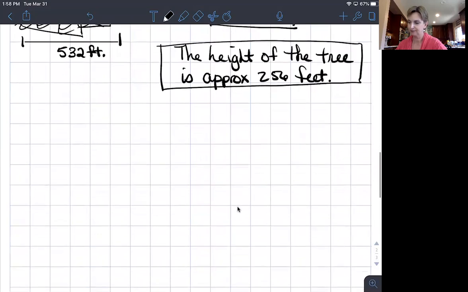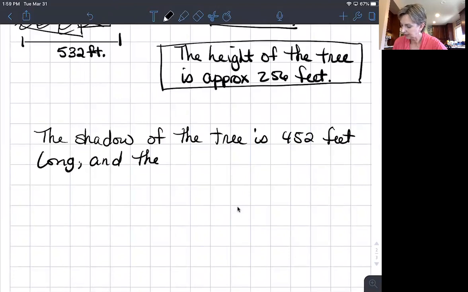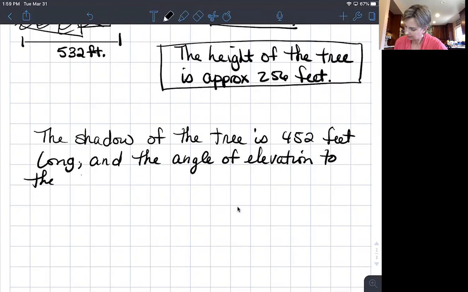Okay, let's do one more like that, shall we? Let's say instead, well, let's have you guys solve one where instead the shadow of the tree is 452 feet long, and the angle of elevation to the sun is 12.3 degrees.